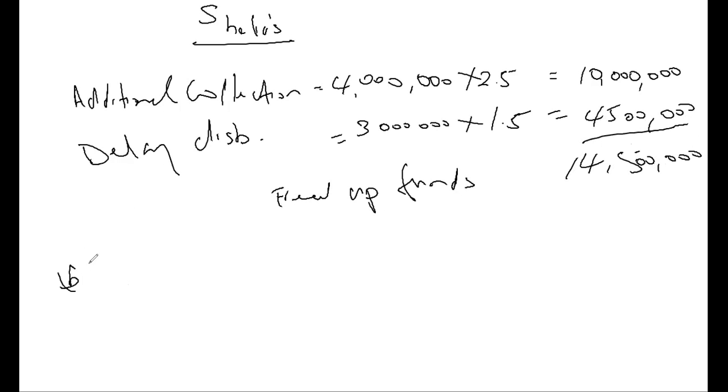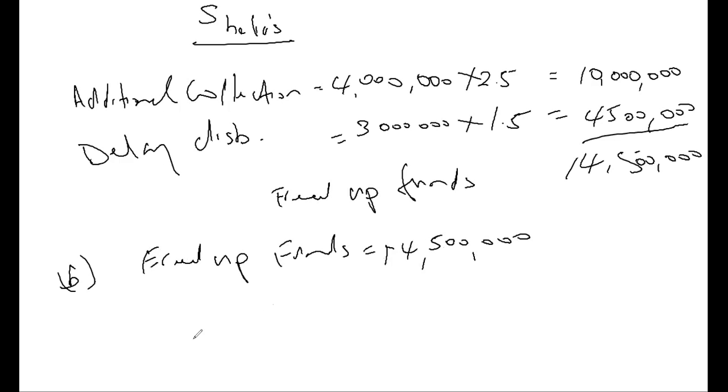For B, you were asked that if you can invest that in a short-term instrument at 6%, what would be the amount earned from that? So the freed up funds we know is 14.5 million, and it has an interest rate of 6%, right?